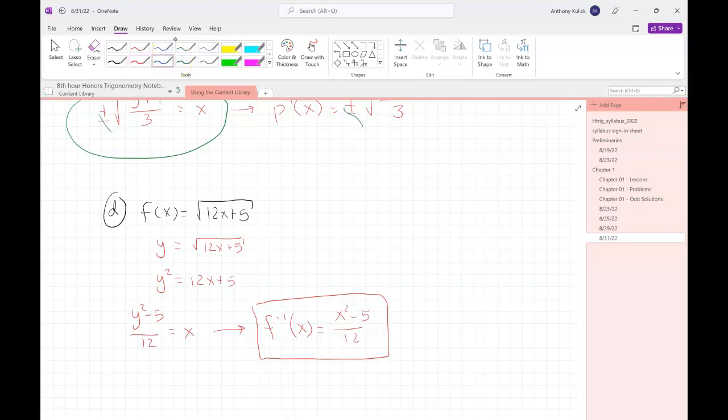One thing to keep in mind here, the domain here is the x's that are greater than negative 5 over 12. Everybody's okay with that? And the range here then would be 0 to positive infinity.